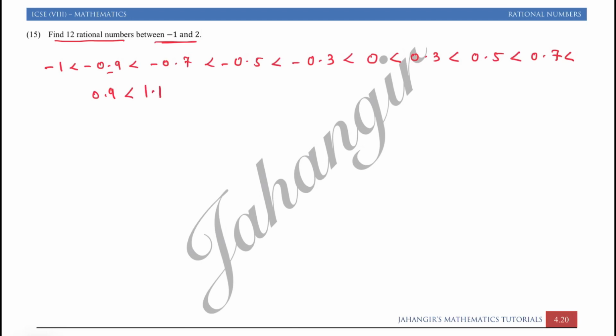How many is that? Let us count 1 2 3 4 5 6 7 8 9 10. 1.3 and 1.5, which are between these.